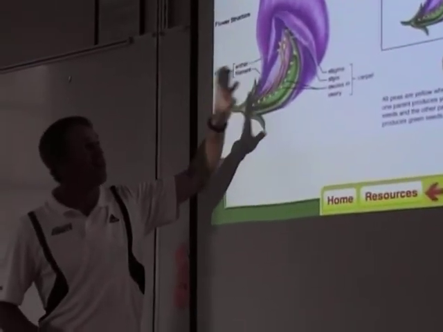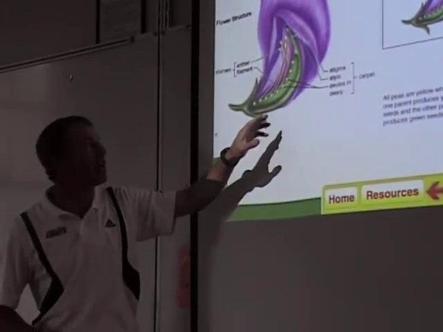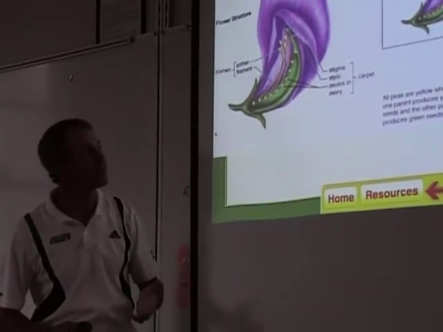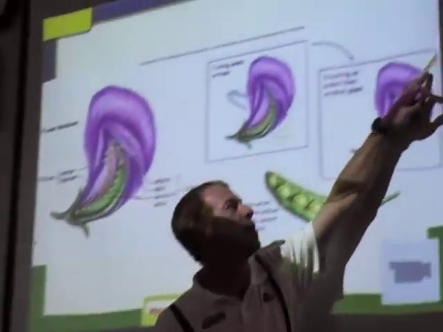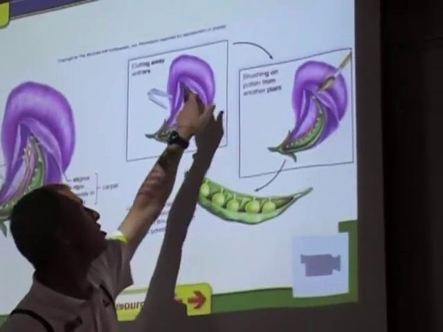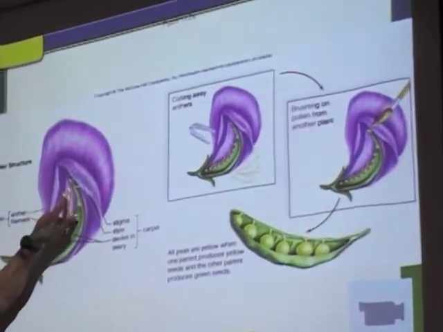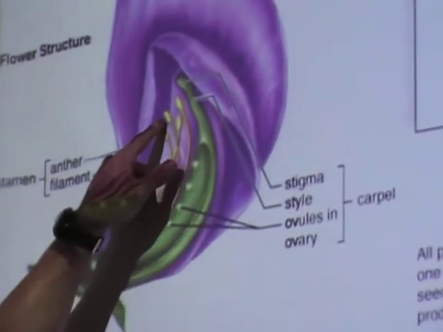So the flower, what Mendel did is he would mate these flowers with one another. He could mate the male parts with the female parts very easily. He'd take a paintbrush, and he would brush it up against the male parts of the flowers, and the male parts produce pollen. Pollen are plant sperm.